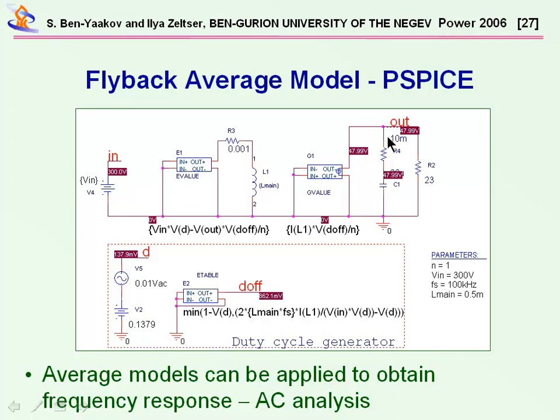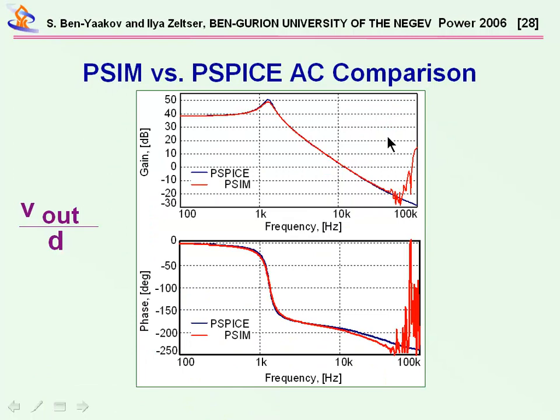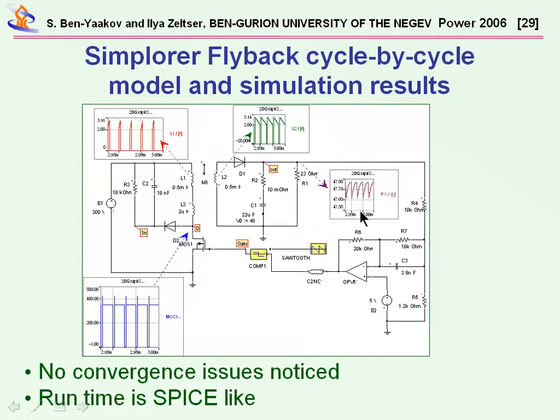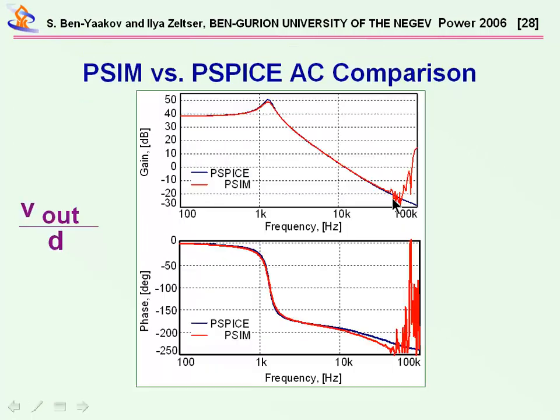So when we compare the small signal analysis done by PSIM, this will be the red one, and the black one is the analysis according to the average model done by PSPICE.